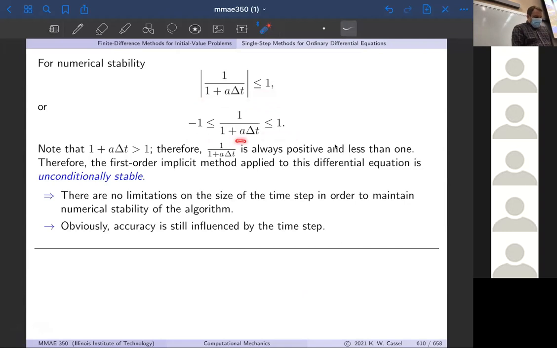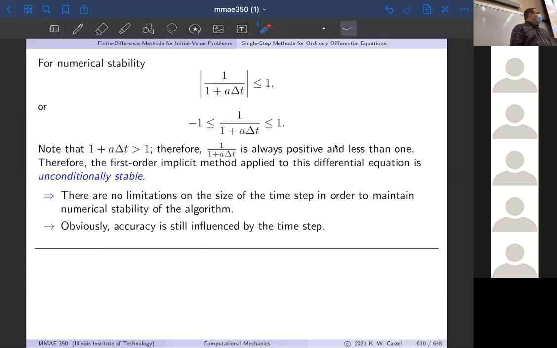Well, a is positive, delta t is positive, so the denominator is always a positive number, bigger than 1. And you're dividing 1 by a number that's larger than 1. So that's always less than 1. So indeed, it's always less than or equal to 1, so the right inequality is satisfied. Check. That's great. Is it bigger than -1?